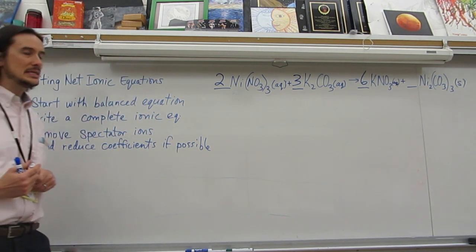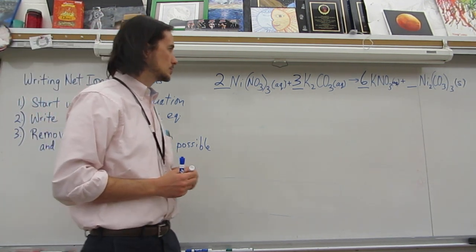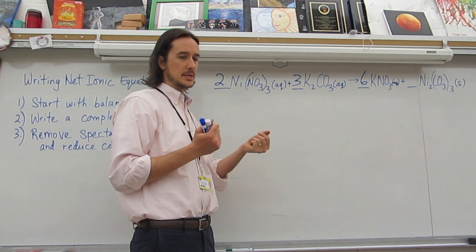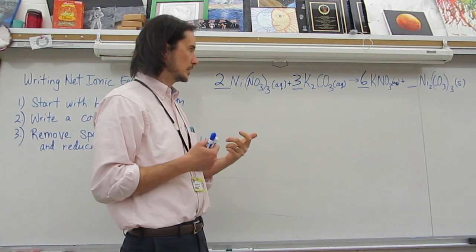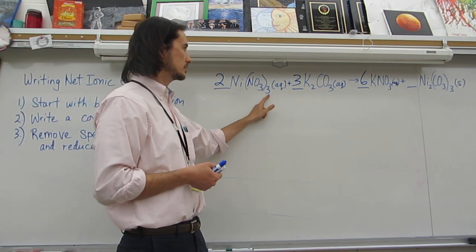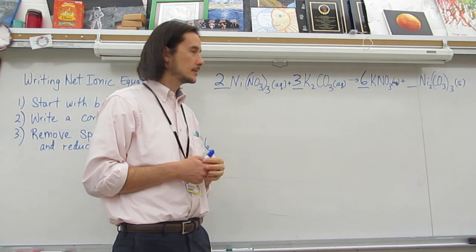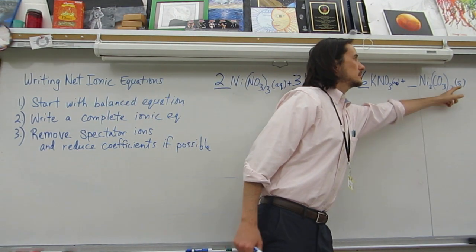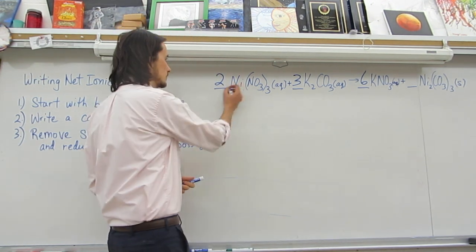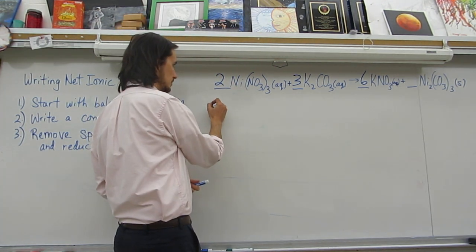Now we're going to write a complete ionic equation. To do that, we take any ionic compound that's aqueous and we split it into its ions. Make sure you count appropriately. Like you've got coefficients here as well as subscripts, so make sure you're multiplying. Solids, if it's a solid ionic compound, you leave it together. So this is going to get pretty long.